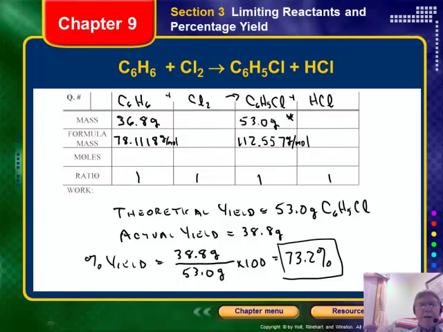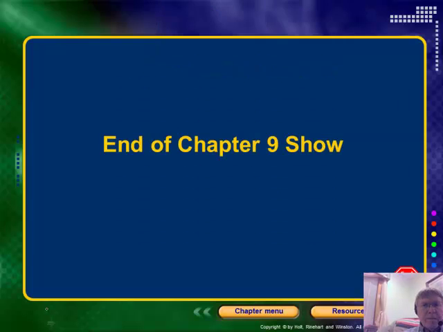You won't know which way to go because you're starting with a mass amount, and if you already have that one in there, it's very confusing. So avoid the temptation to put this in. We were told that that was the actual yield of the chlorobenzene. The actual yield does not go in the chart at all. The chart gives you the theoretical yield, and the actual yield just goes in on this formula. And that's the end.